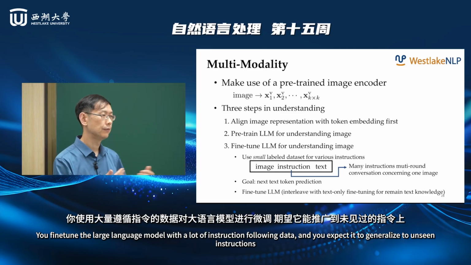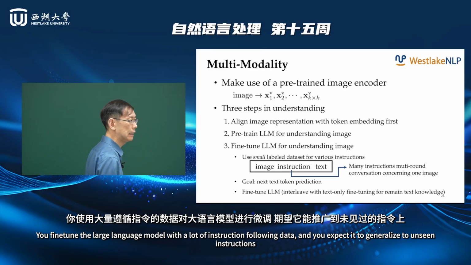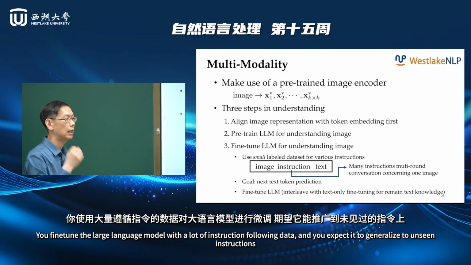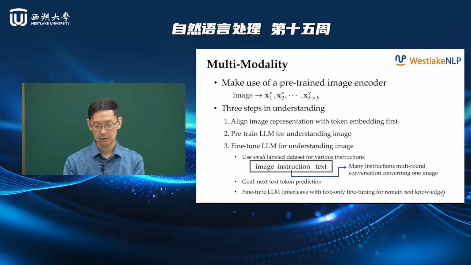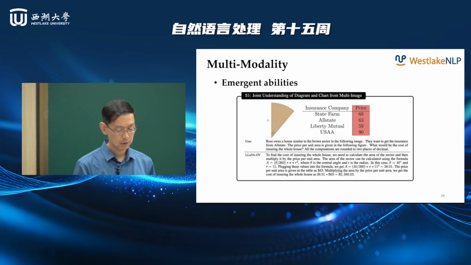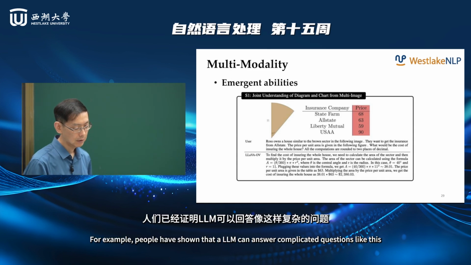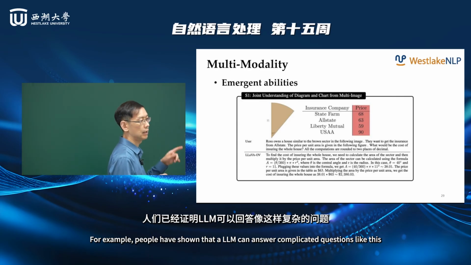You fine-tune the large language model with a lot of instruction following data, and you expect it to generalize to unseen instructions. For example, people have shown that an LLM can answer complicated questions like this.